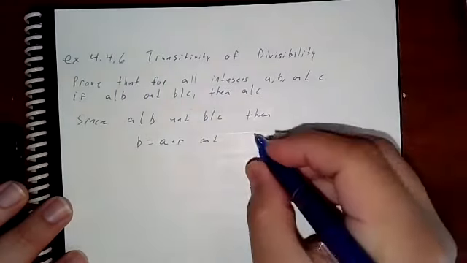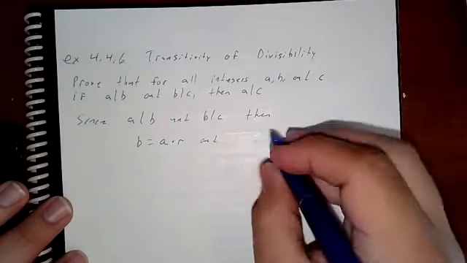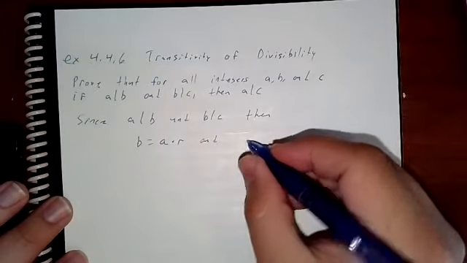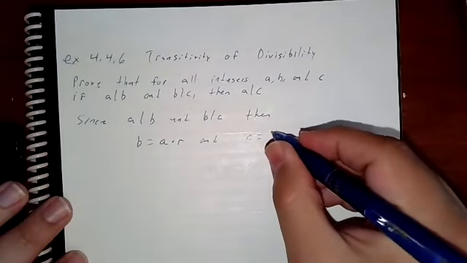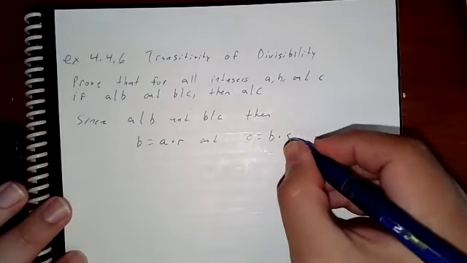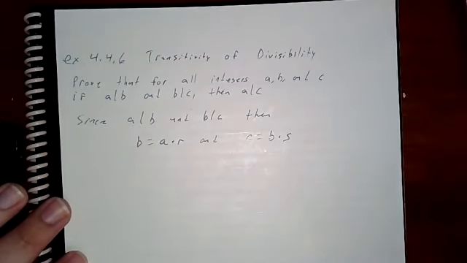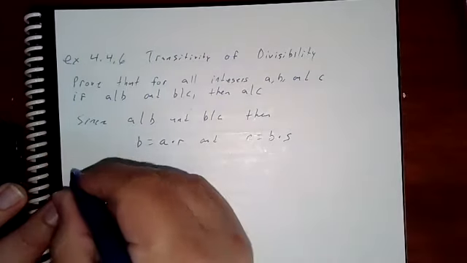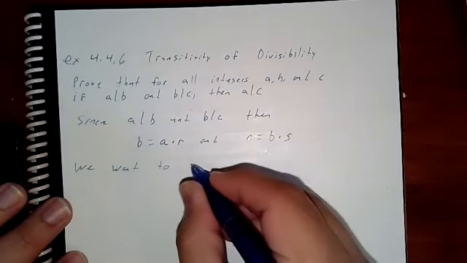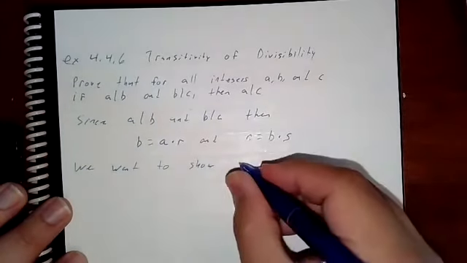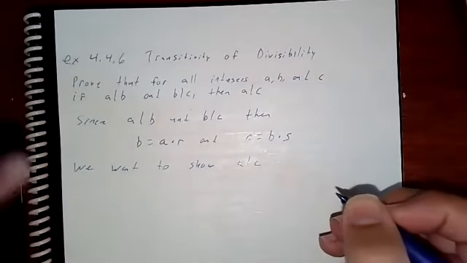And c is equal to b times, let's say, s. We want to show that a divides c if these are true.